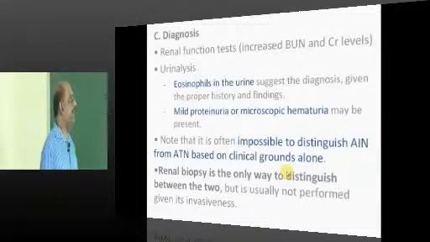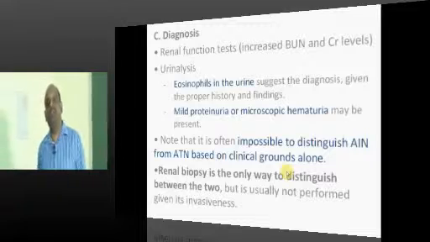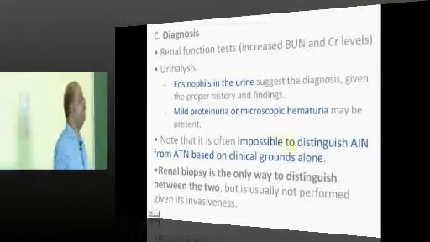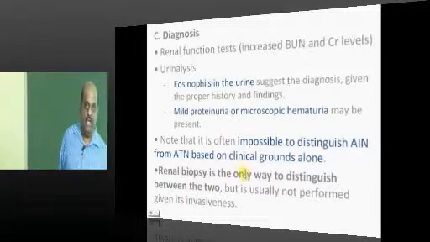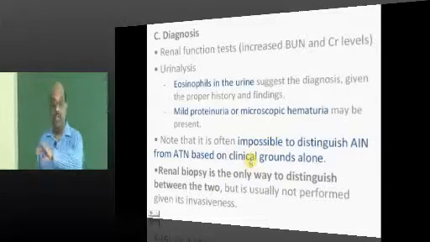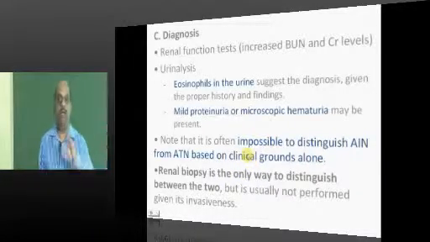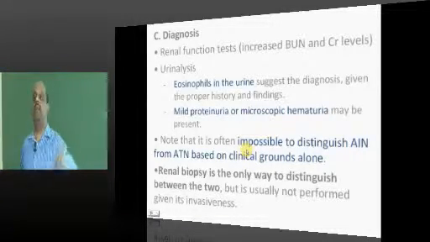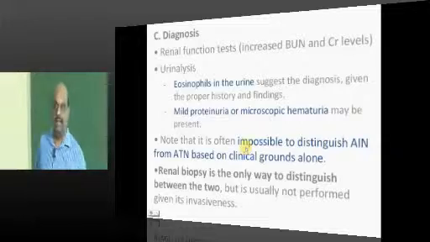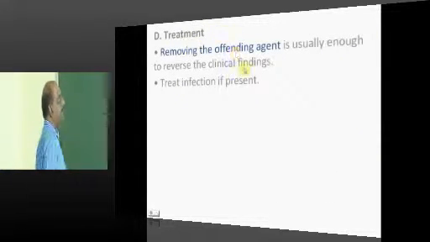Is there any way to differentiate? It is difficult to differentiate only on clinical grounds. But if you take a renal biopsy, whether the tubule is diffusely damaged or segmentally damaged is the differentiating factor between nephrotoxic and ischemic ATN that you have to ultimately remember.